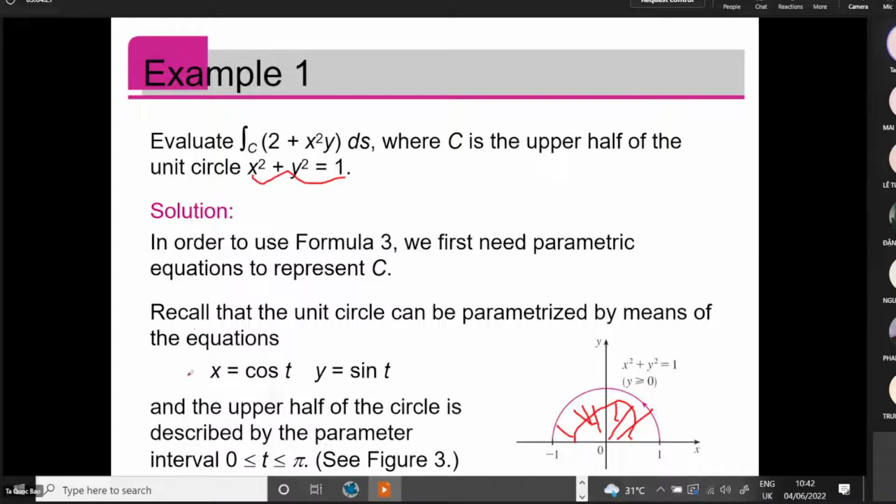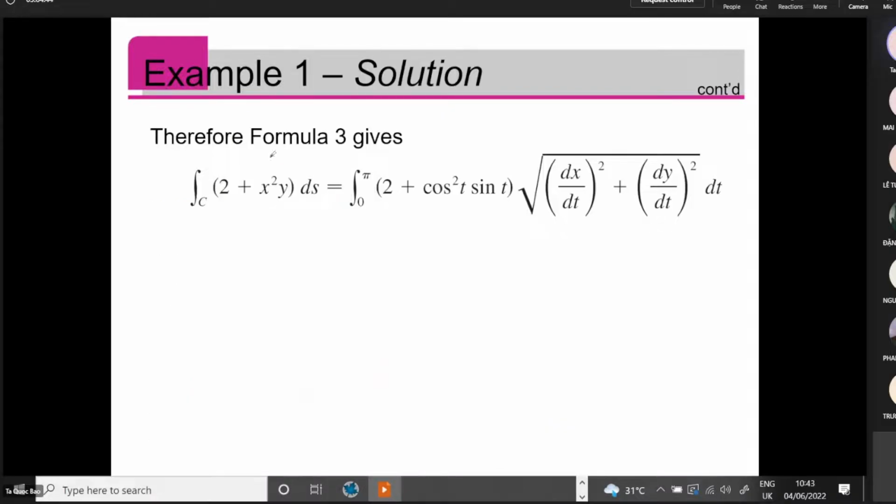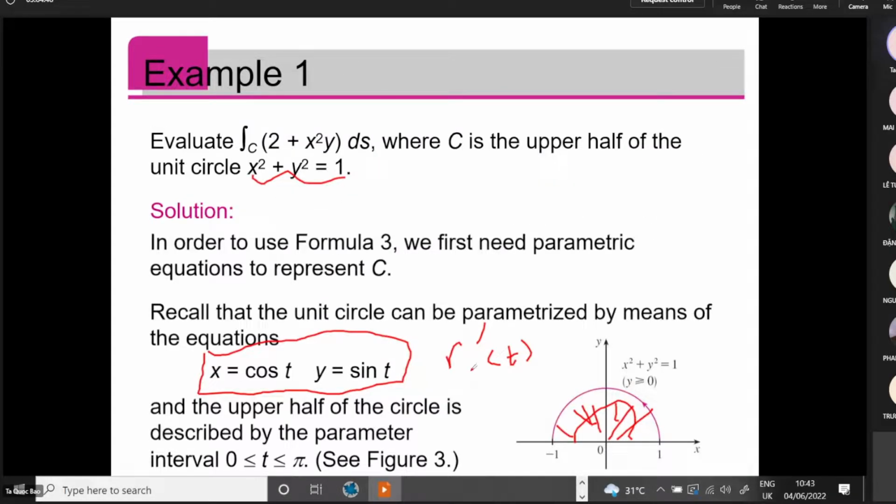All right. So now we have a parametric equation of the curve C here, and then next we calculate r'(t). r'(t) is minus sine t and cosine t, and then we calculate the length of this vector.